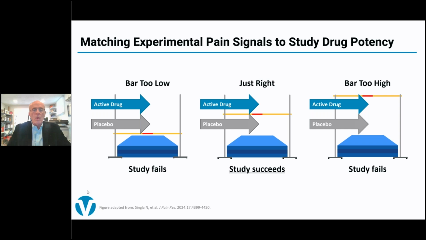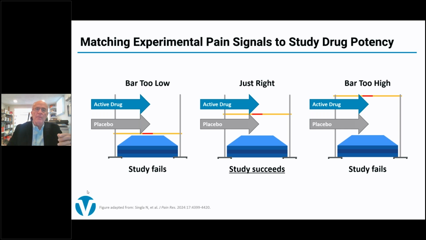There is only one way to achieve a successful outcome, regardless of the model, and that is if the pain model is sufficient for an active drug to be demonstrated superior to a placebo group. So the bar that is set, if you will, has to be just right. So you have to choose the right pain model to produce the right pain stimulus in order for the particular molecule that you're studying to hit that sweet spot.